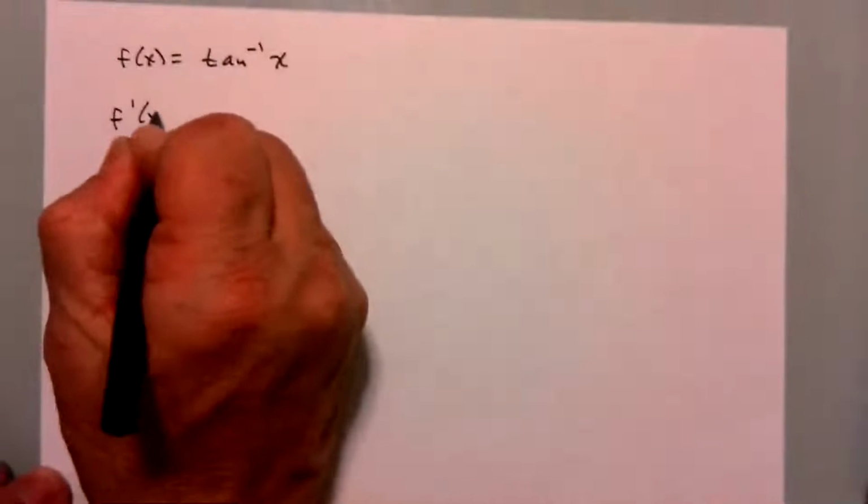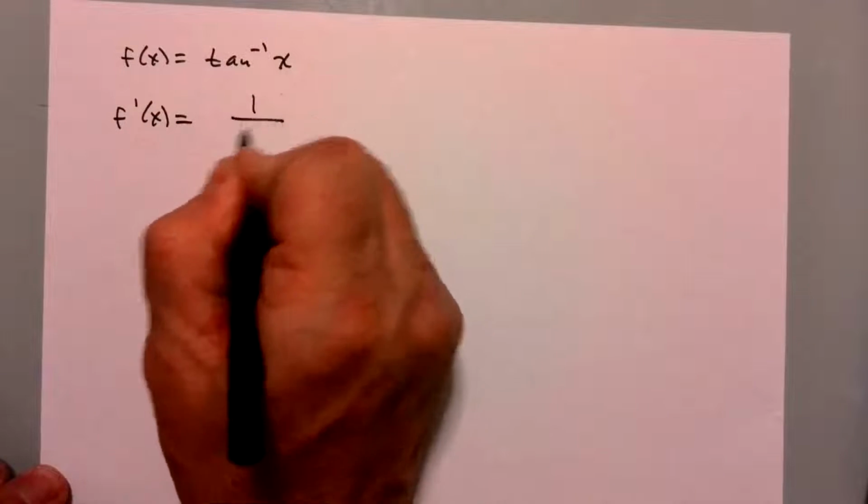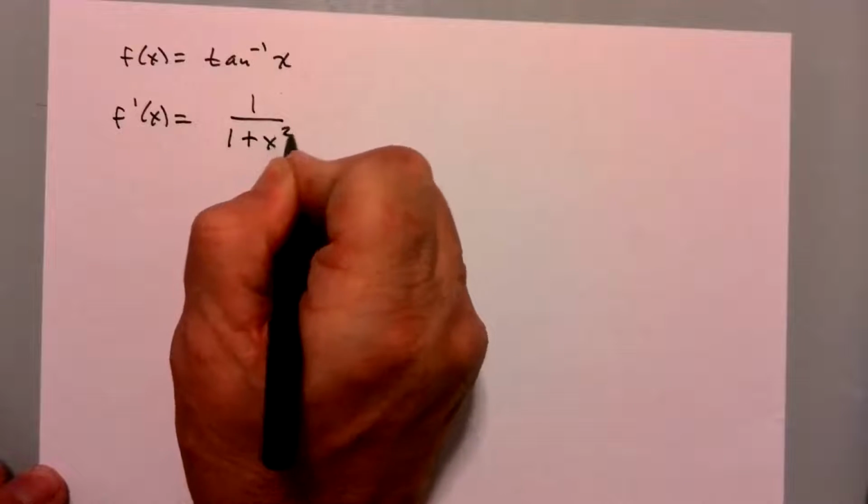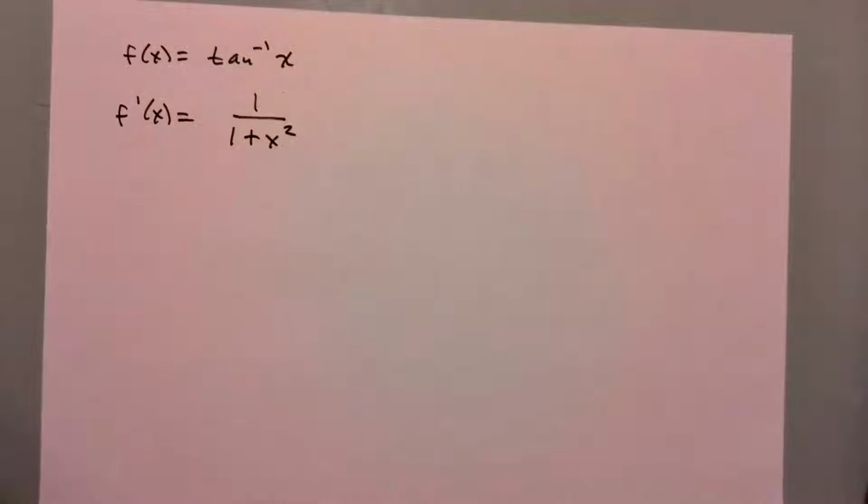But I don't want to take all the derivatives. That's going to get nasty. But I have a little advantage I can use. Namely, f prime of x is 1 over 1 plus x squared. That was the hint I had given you on the worksheet.